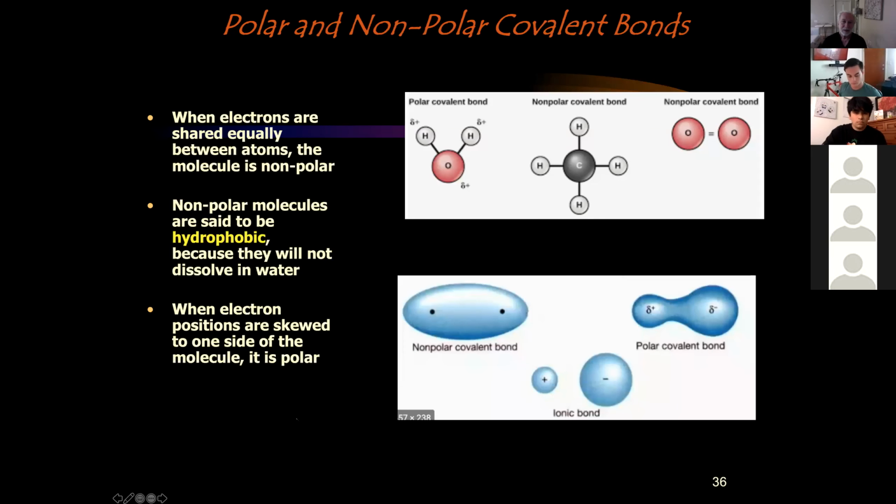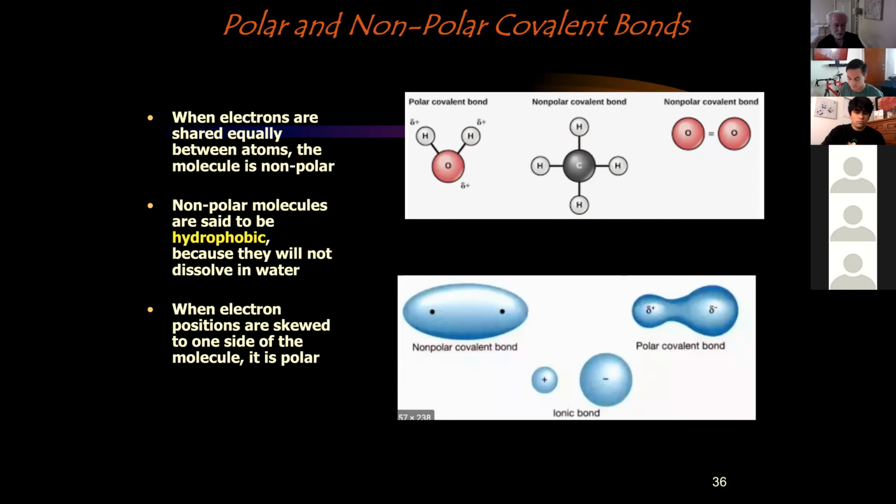And now to complicate things a bit further, there are both polar and non-polar covalent bonds. And this is important because it leads to our third type of bond. So when electrons are shared equally between atoms, the molecule is non-polar.